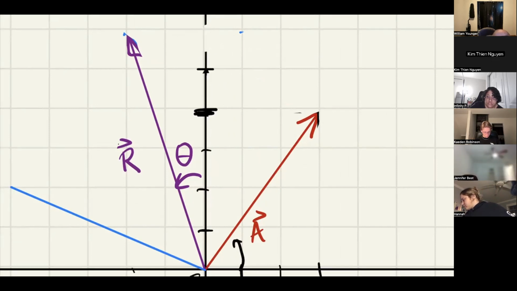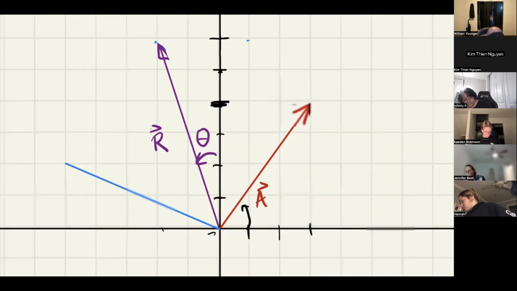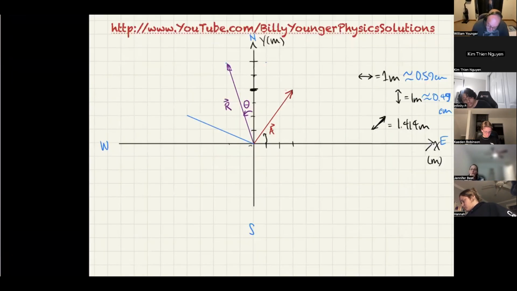That's pretty bad. Okay. So now my B vector is this little guy, and the two vectors are head to tail. So how do you deal with two vectors when they're tail to tail?